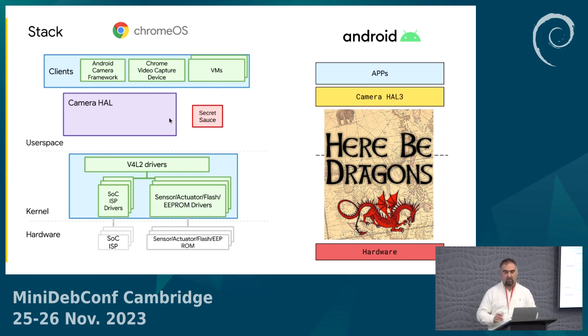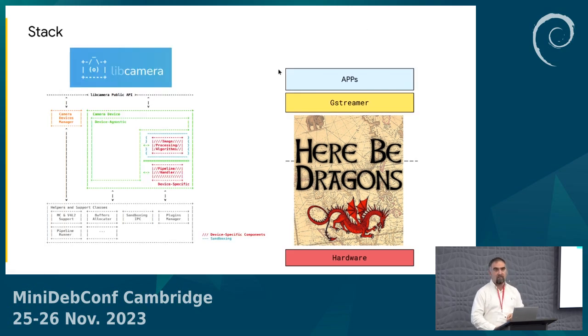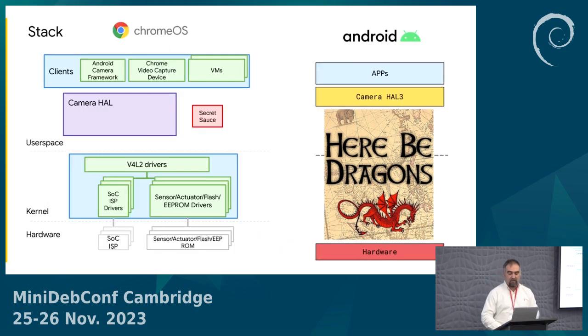But there's also the other option, which is Android, which is exactly the same as this one, right? Android specifies a user space API, and they don't want to know how you implement it. Whatever kernel you have to use, whatever drivers you have to use, I don't want to look at it. Just give me this user space API.